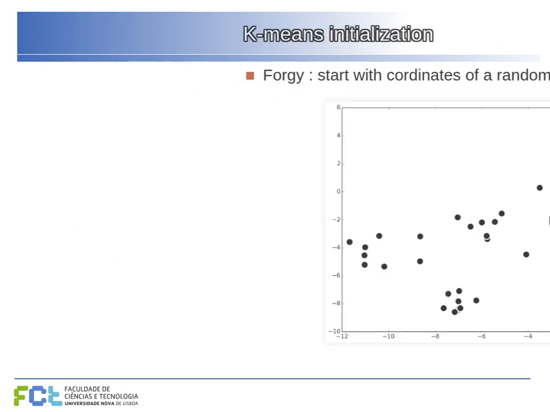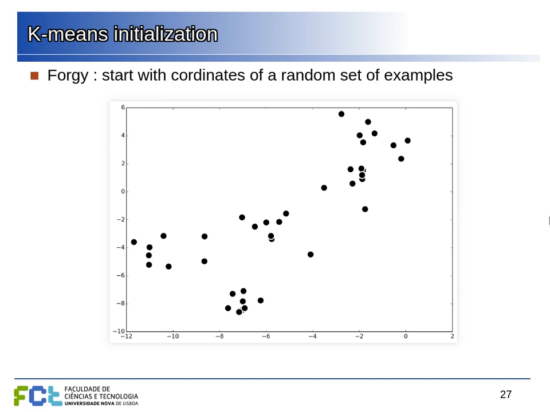So first we need to start with a random sample. Let's consider that we have these examples. One way of initializing this algorithm, the forgy method, is to start with coordinates of a random set of examples. Note that it's not a very good idea to start with random coordinates, because we don't know what space our data is occupying.